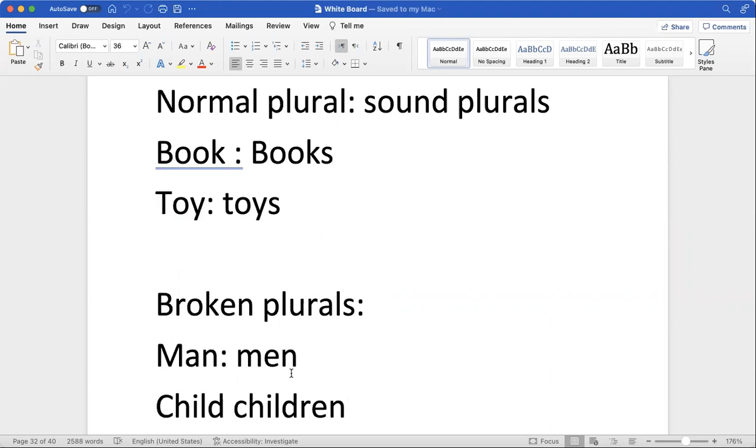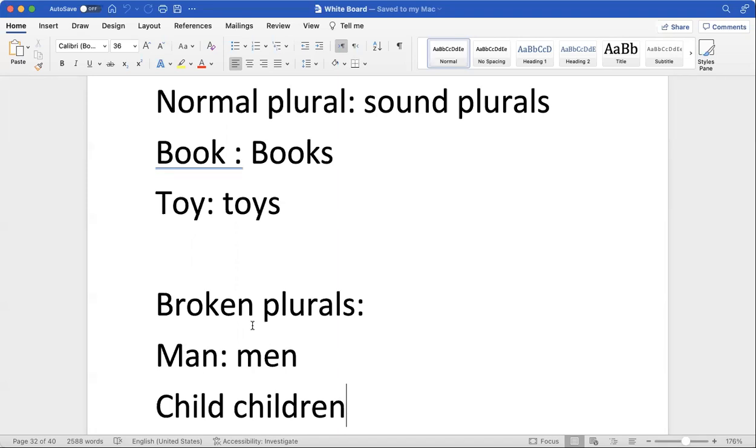I cannot write man, mans. We have man, men, child, children, right? So these are called broken plurals. The normal ones where we make straightforward plurals like book, books, toys are called normal plurals. And the plurals in English where it's not like book and books, but like man, men, child, children, we call them broken plurals.